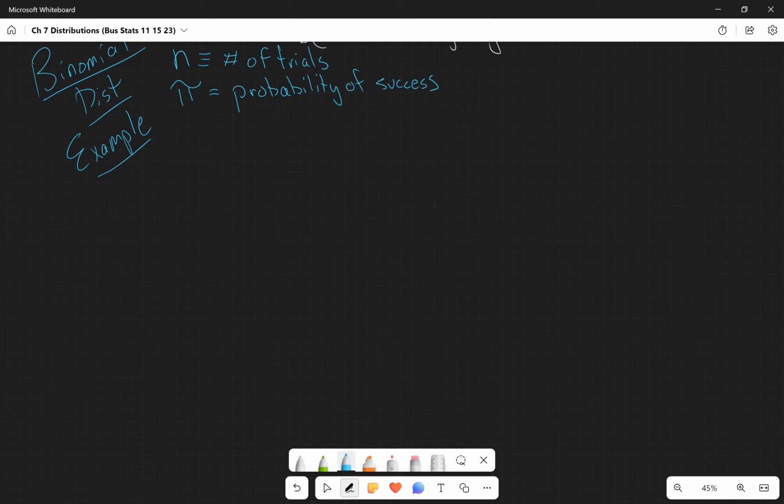So creditcards.com recently reported 28% of purchases at coffee shops were made with a debit card. So this is kind of the background information we're given.